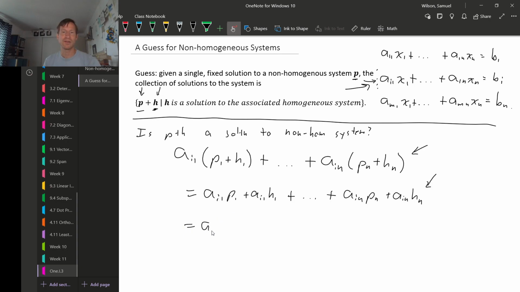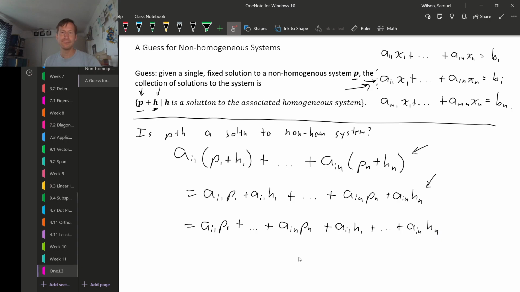So our first p term is a_i1 p_1, and then there's the term with p_2 and a term with p_3, all the way up to a_in p_n. Right? Those are all of our p terms. And then we have all of our h terms, a_i1 h_1 up through a_in h_n.